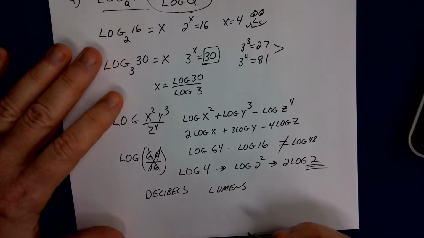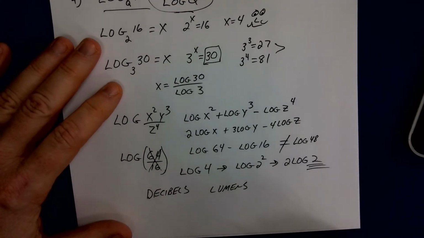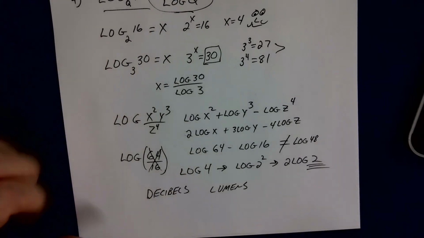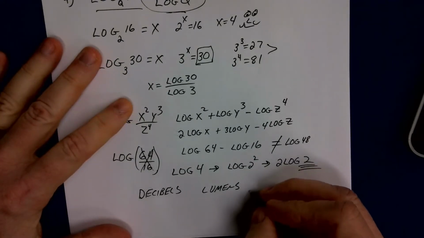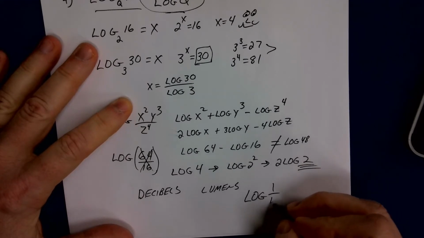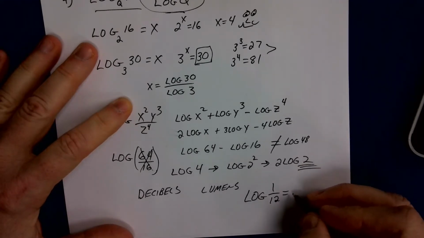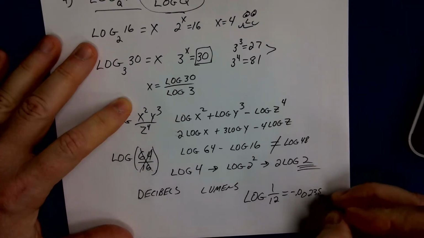The lumen formula, I think it just gives you an equation, so just make sure that you use that. And I believe the problem in the text says this, log of 1/12 equals negative 0.00235x.